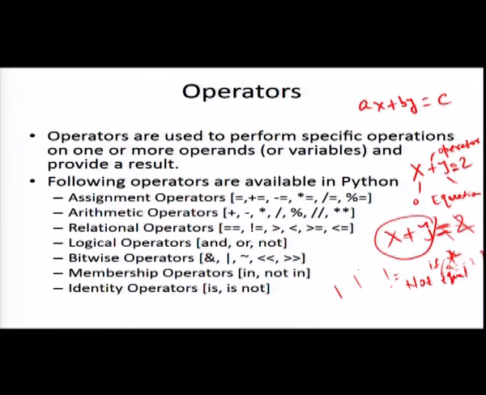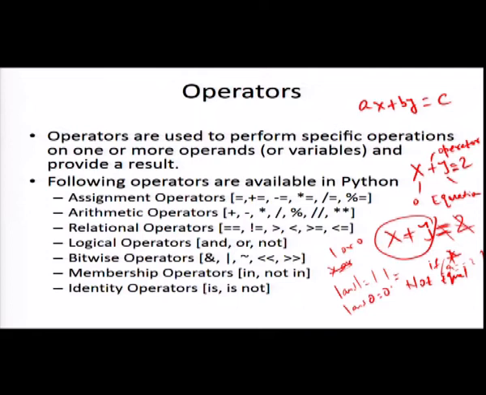So, say for example, if x value is 1 and y value is 1, if both x and y are 1, then the answer is 1, which is true. If either x or y is 0, then the answer is false, which is nothing but 0. If either 1 or 0, either true or false, then with or the answer is true. We will see it in detail shortly with some examples too.